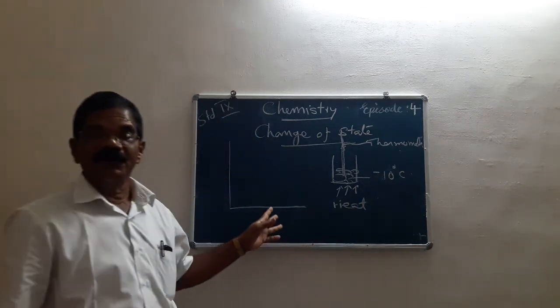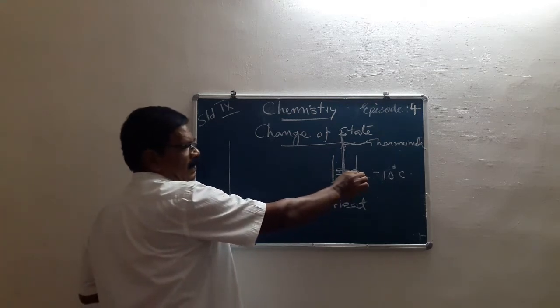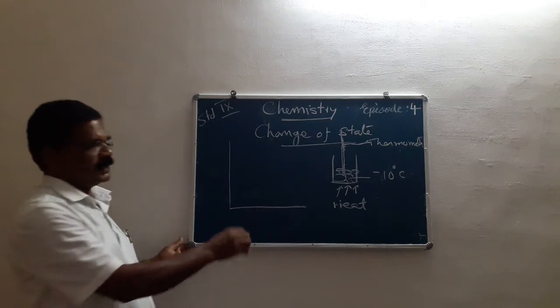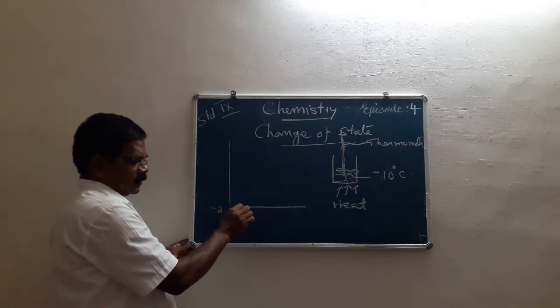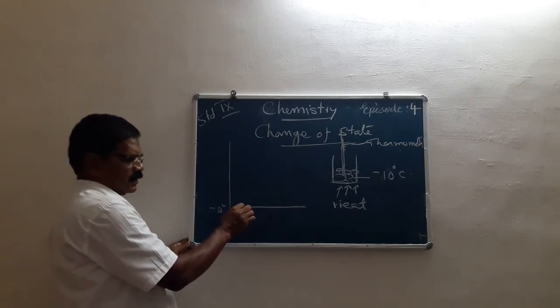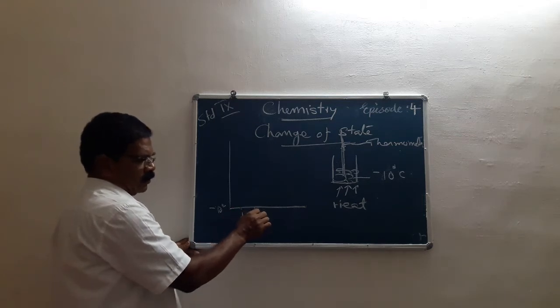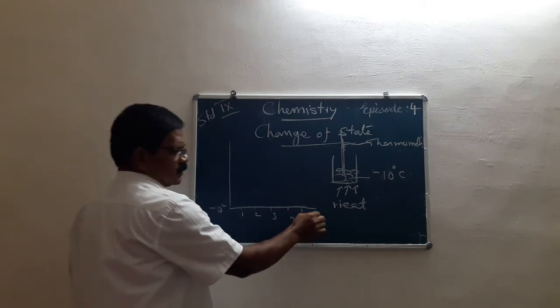Then we go on heating slowly. What happens? The temperature rises, and each time we note the temperature. The temperature is on the y-axis and time on the x-axis. At 1 minute, 2 minutes, 3 minutes, 4, 5 and 6 onwards.